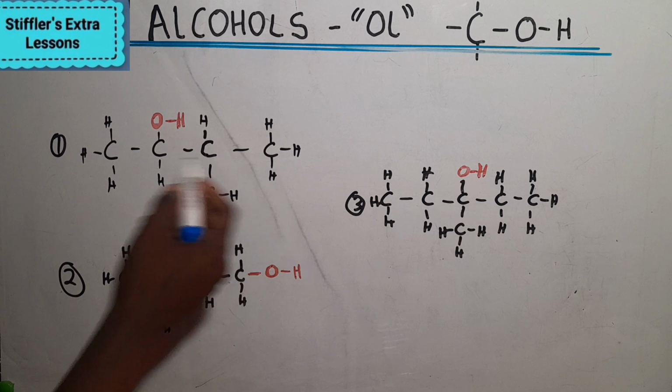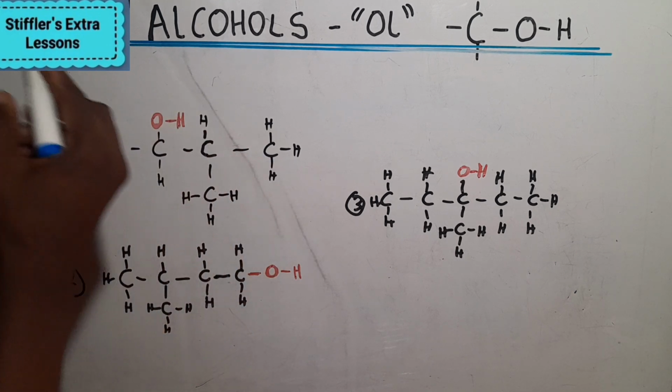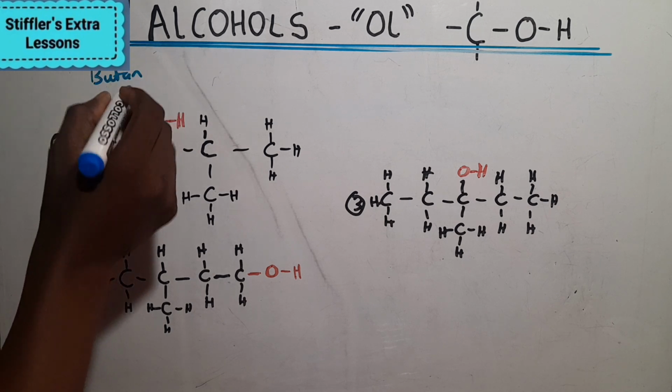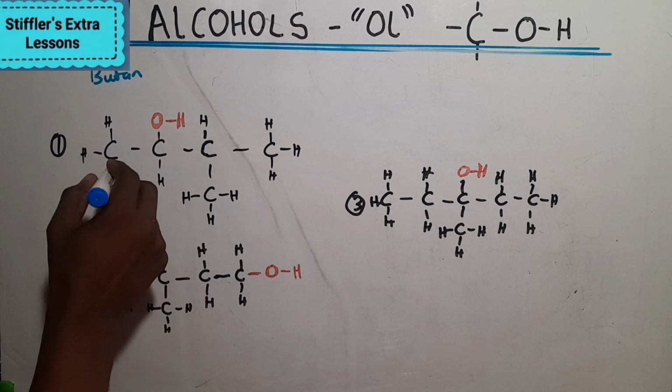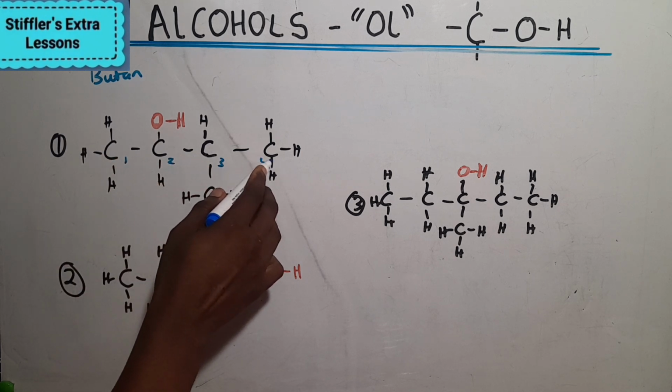So on the first one, let's see. The longest chain here is a butane, right? And our alcohol is closest to this side. So we're numbering from this side, 1, 2, 3, 4.